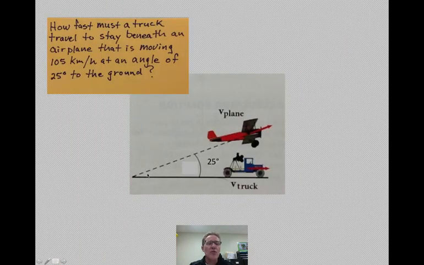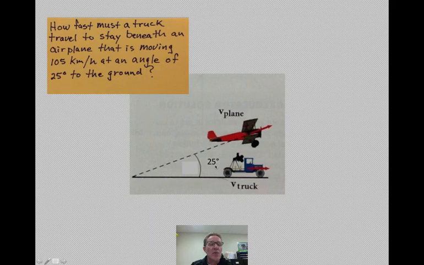Okay, so let's use this process to solve a real problem. Here I have a truck and it has a camera in the back, and this would be like on a movie set where the airplane is flying along and we have to film this airplane flying along from the truck, but we need the truck to keep up with the airplane.